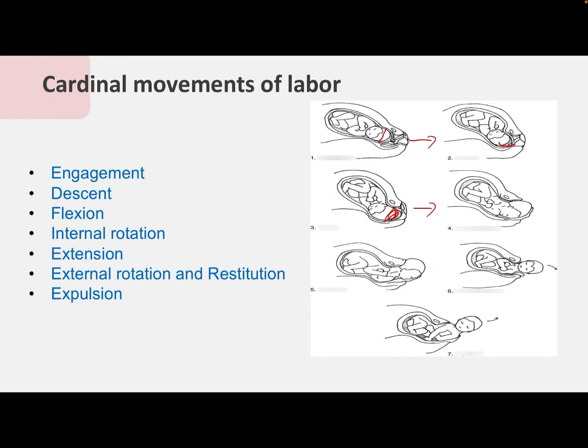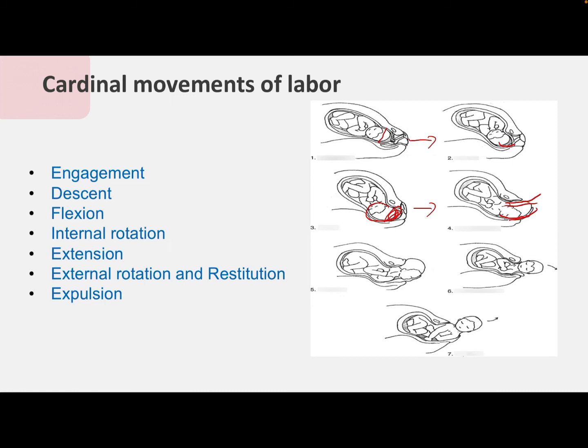Here the pelvic floor, as we see, has a forward and downward slope, and this allows the head of the fetus to rotate from the occipito-transverse position to the occipito-anterior position.